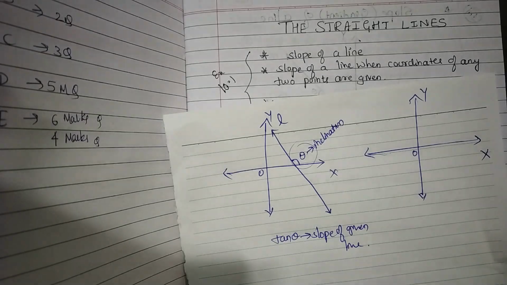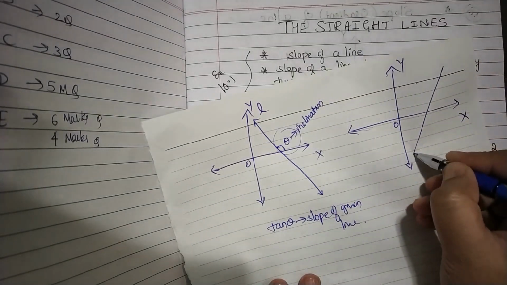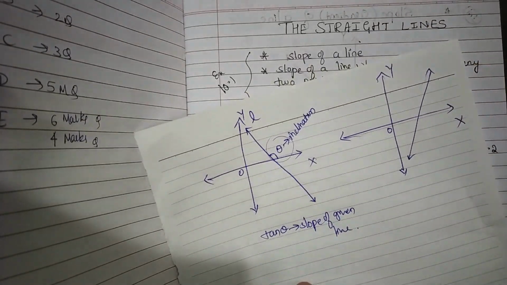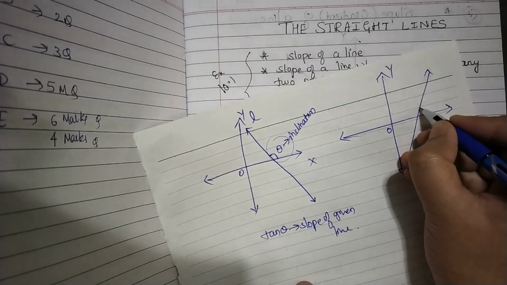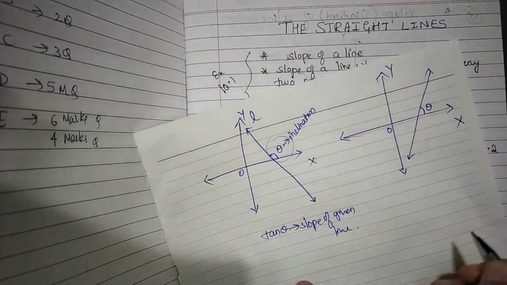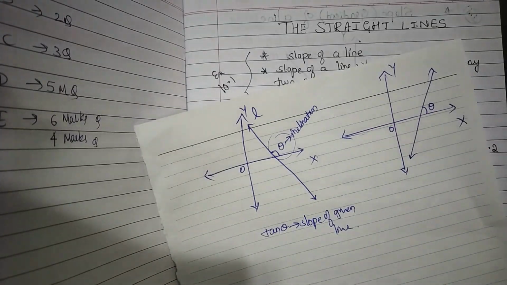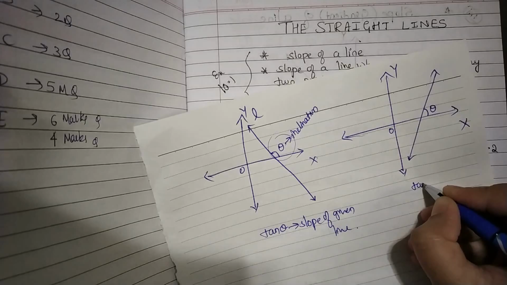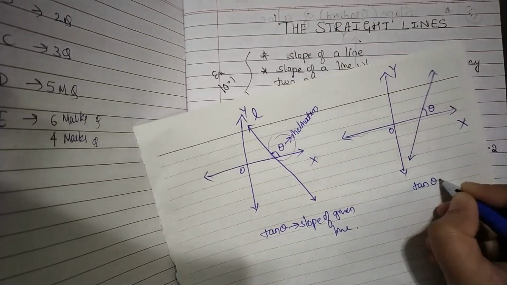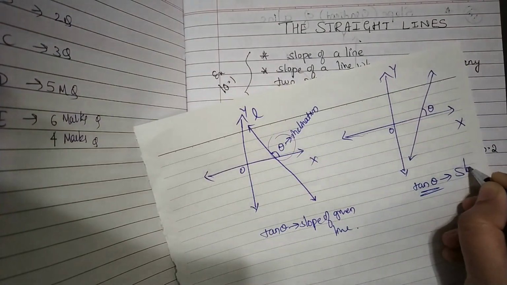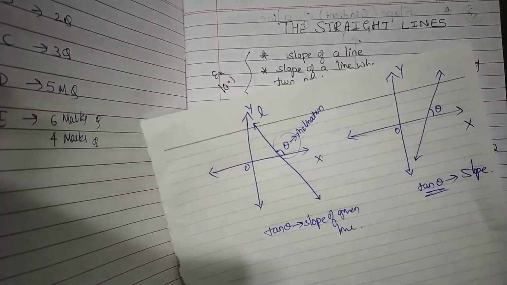What do you mean by slope? If a straight line makes an angle theta with the positive direction of x-axis, then theta is called inclination of a line with x-axis, and tan value of that angle is called slope of a given line.